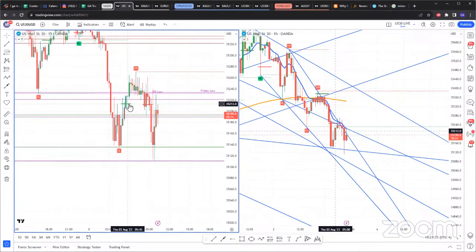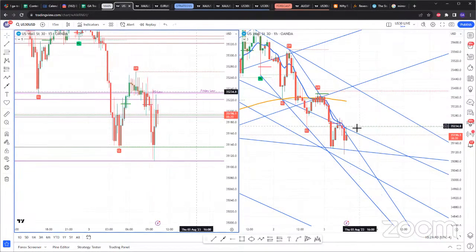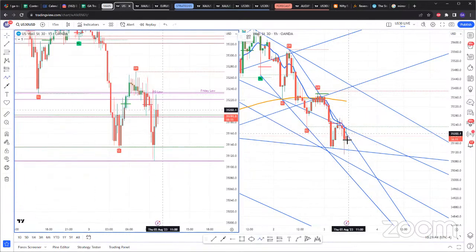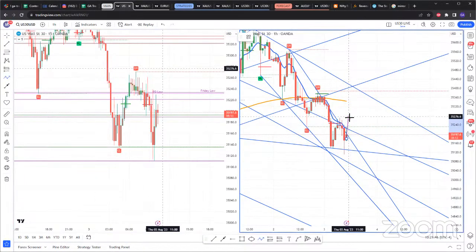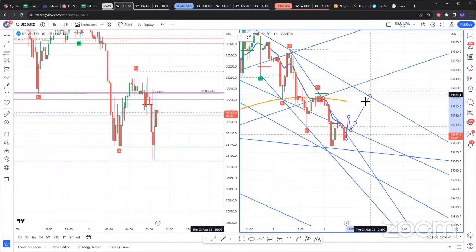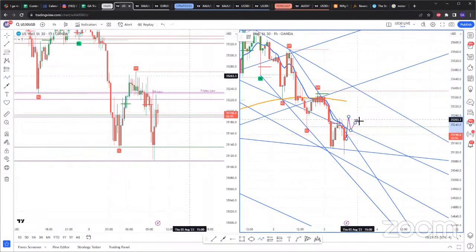For me, I would still be selling US 30 right now, and it actually tapped an entry here. I would still be selling US 30 until we get a break, closure, and retest and closure above this trend line right here. That's when I will change my bias to buy for US 30.